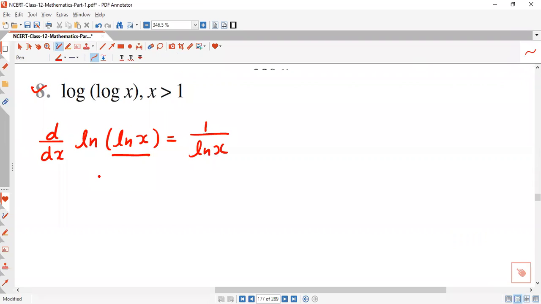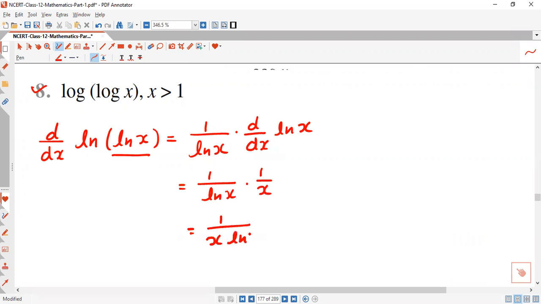Since this is log x there, this is not x. So again, we have to differentiate this part. dy dx of log x is going to give us 1 upon log x into 1 upon x. So the answer you can write down here is 1 upon x log x. This is the answer of this question.